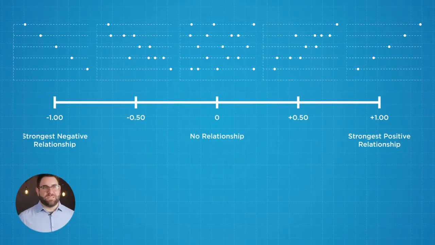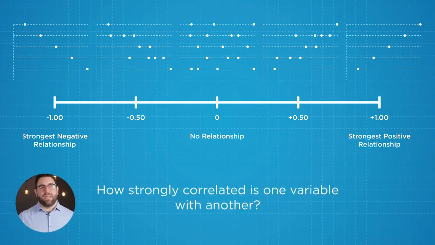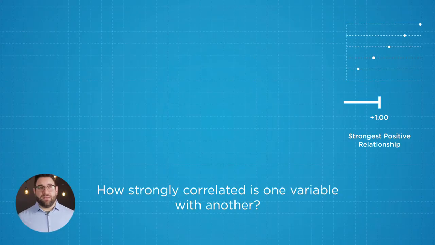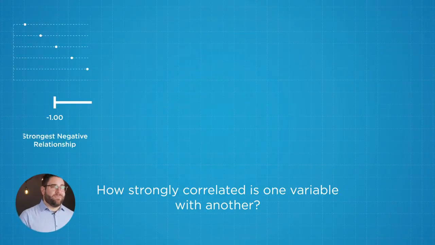As you can see from these graphs, when we're talking about our relationships, we determine how strong the relationship is based on the way that the data relates to one another. In other words, how strongly correlated is one variable with another. This is going to range from a positive one to a negative one. With a positive one, as it should suggest, we're talking about a positive relationship. With negative one, we're talking about a negative relationship.